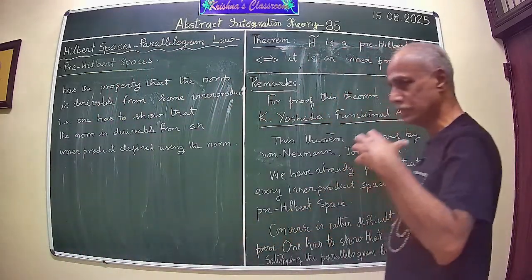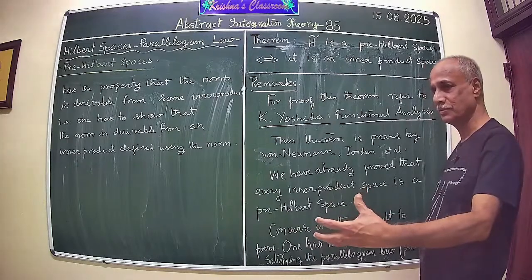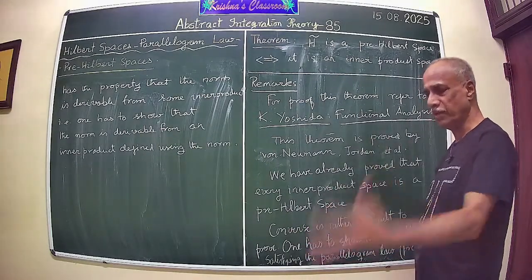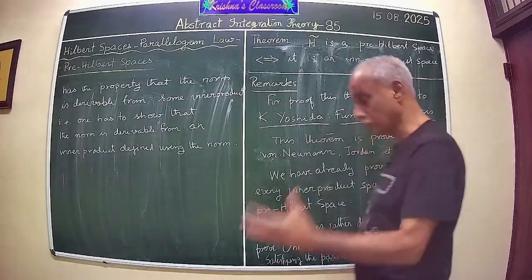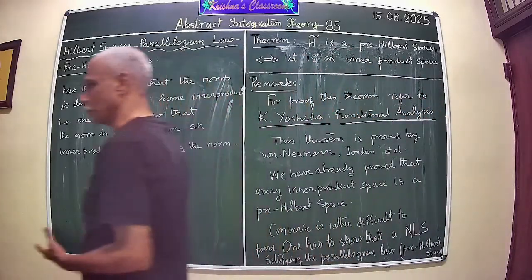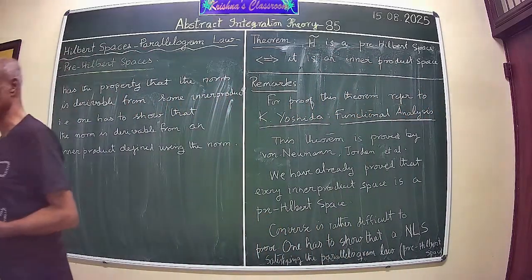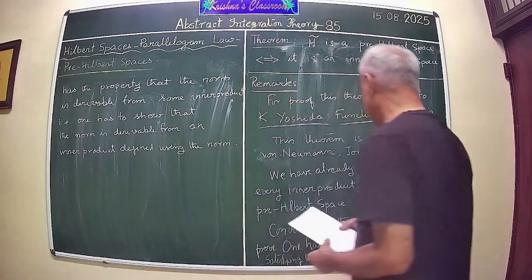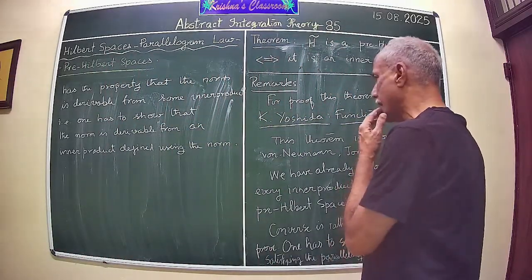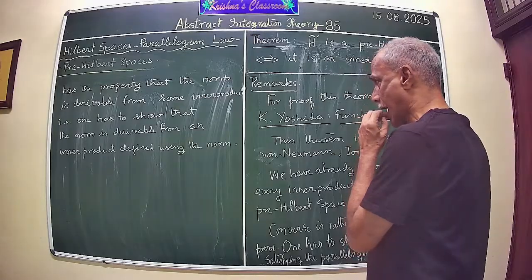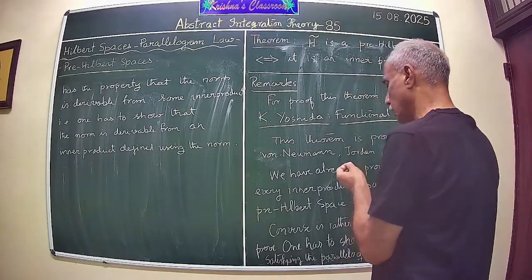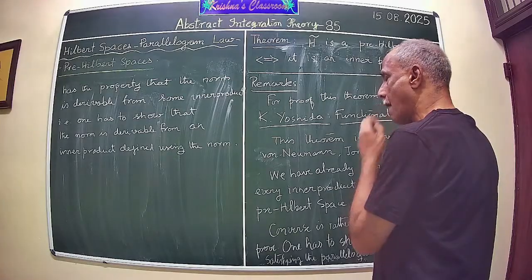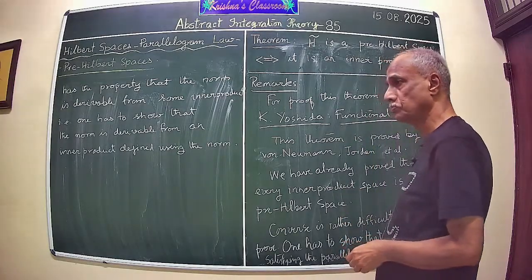So one has to set an inner product or a dot product and then verify that it has got all the properties of the inner product, and that inner product has to be defined using the norm.